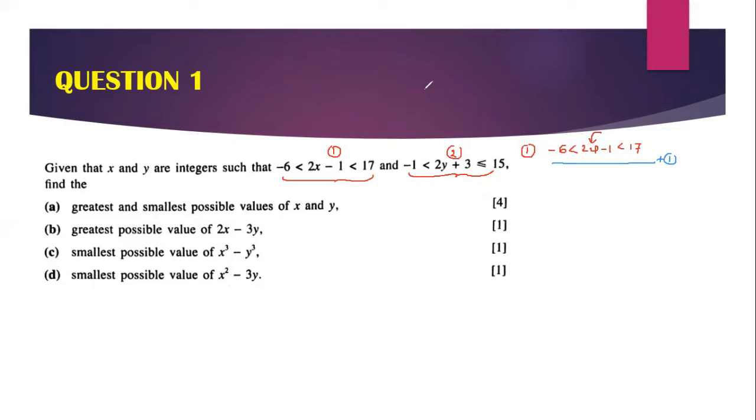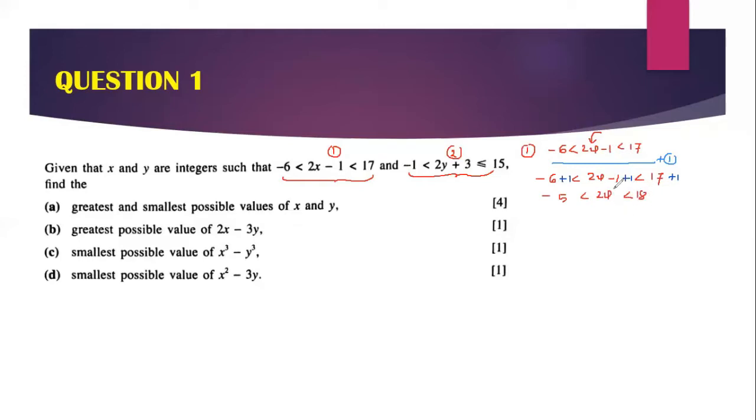So minus 6 less than 2x minus 1 less than 17, adding 1 to every item, plus 1 and plus 1. Now we have minus 5 less than 2x less than 18.